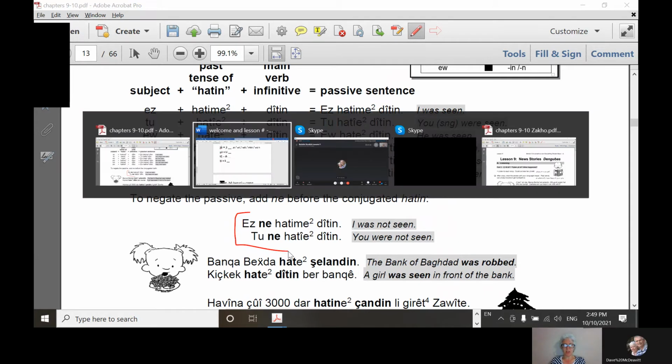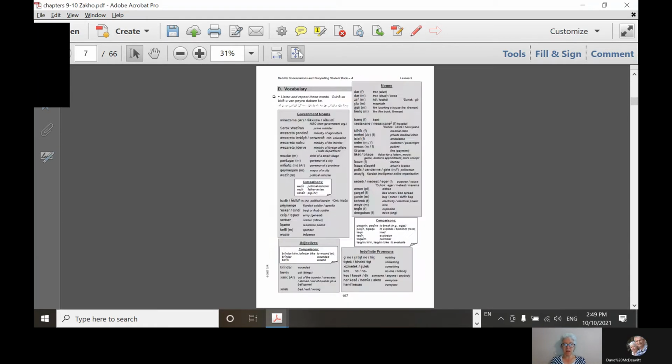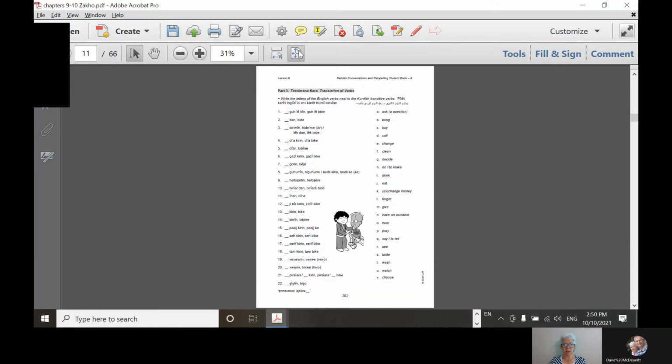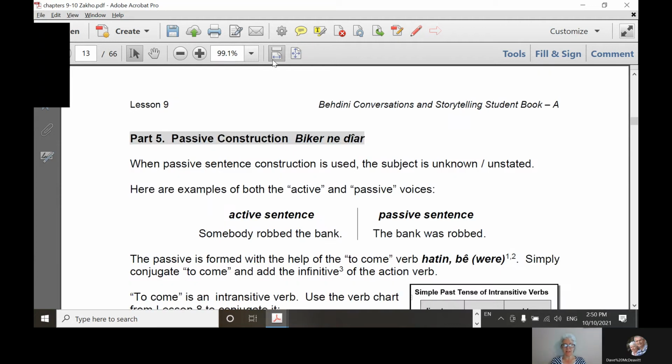Actually, I'm going to switch over to the Zaho, so that we can see this without the ending, which is a Tehuki thing. Okay, this is the Zaho book that I'm looking at.